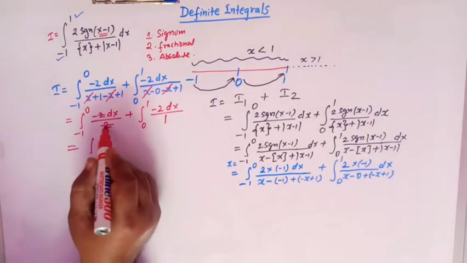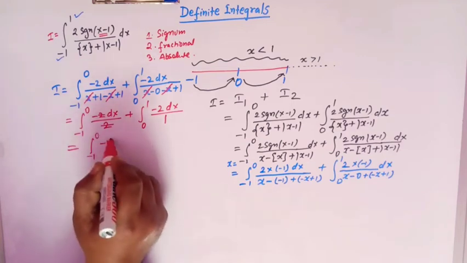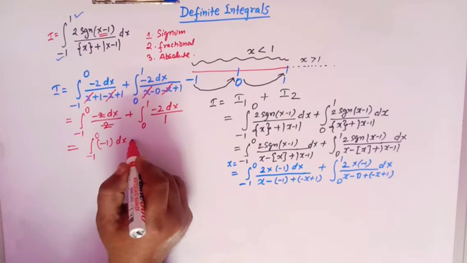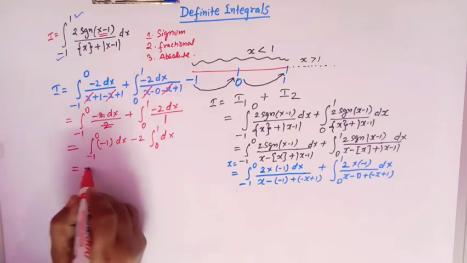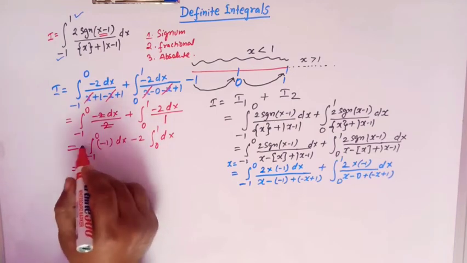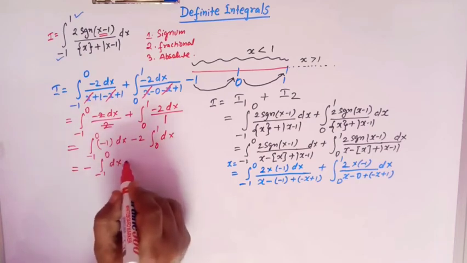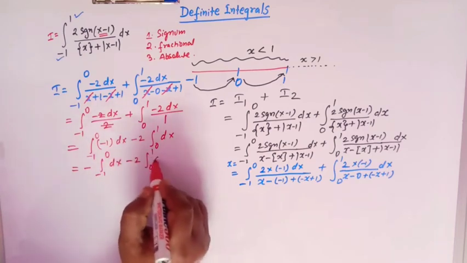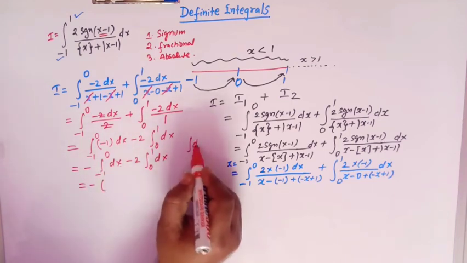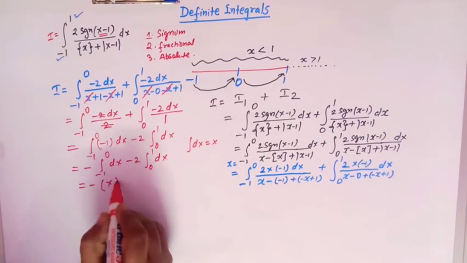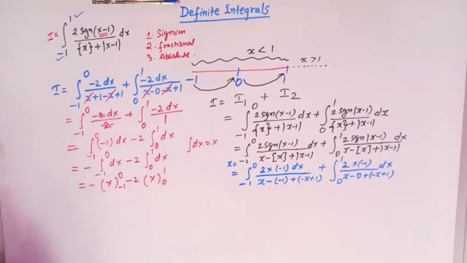So now here 2 and 2 get cancelled, and we have from -1 to 0 minus 1 dx, and here we have minus 2, 0 to 1 dx, right? So now taking this negative sign outside the integral, we have -1 to 0 dx, and here we have minus 2, 0 to 1 dx, and now the integral of dx is x, so we have x from -1 to 0, then x from 0 to 1, right?